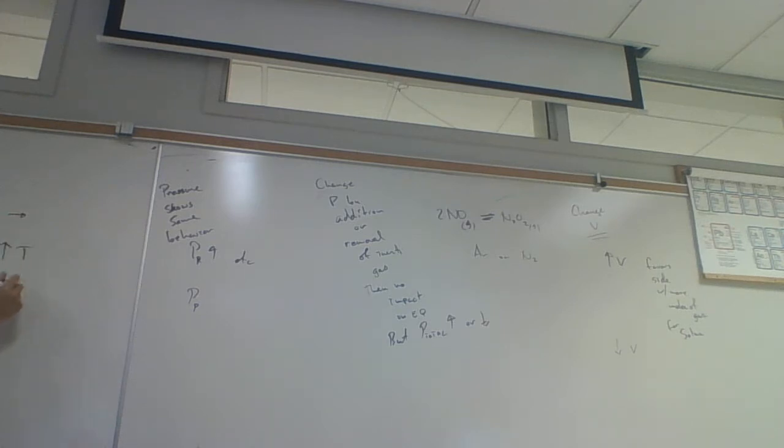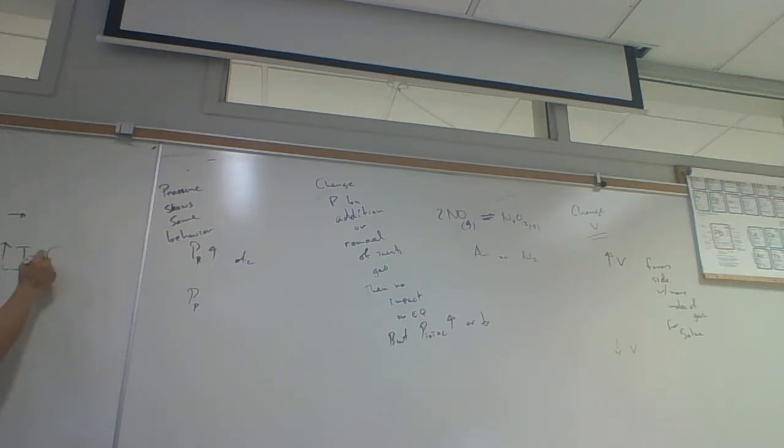Increasing temperature, and this is going to be simplified. You know what increasing temperature does to K? It depends if it's endothermic or exothermic, because endothermic would be positive delta H, and exothermic would be negative delta H. So it does opposite things depending on that.